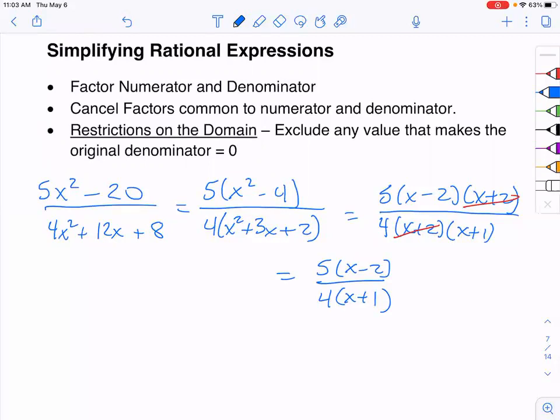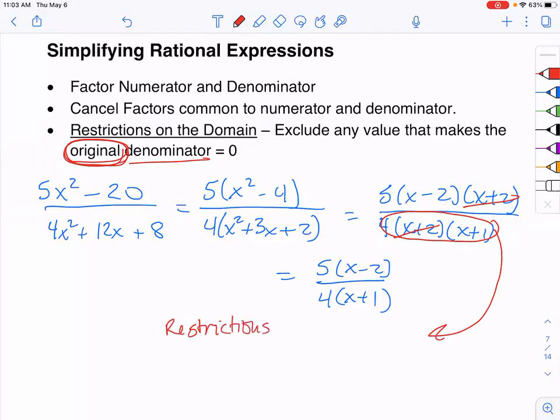But very important, we are looking at the original denominator, not the denominator of that simplified canceled expression. So go back to the original denominator in its factored form. That's going to tell you restrictions. What numbers can we not plug in that would make that denominator 0?